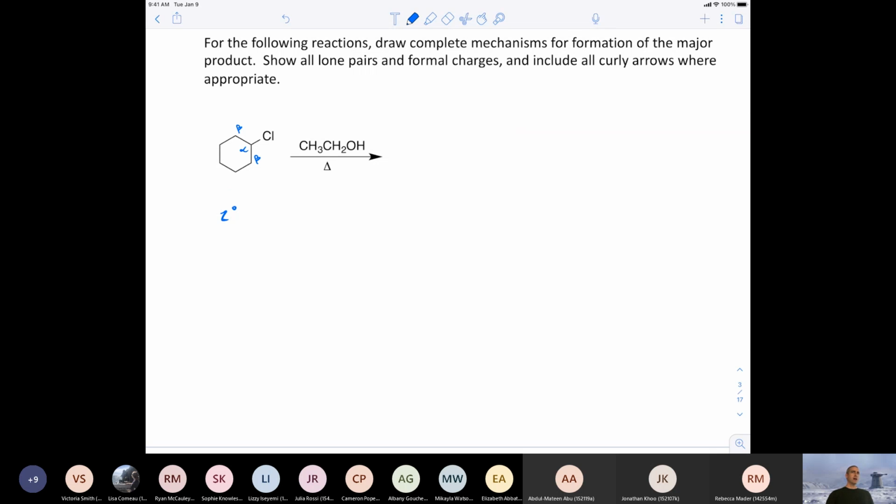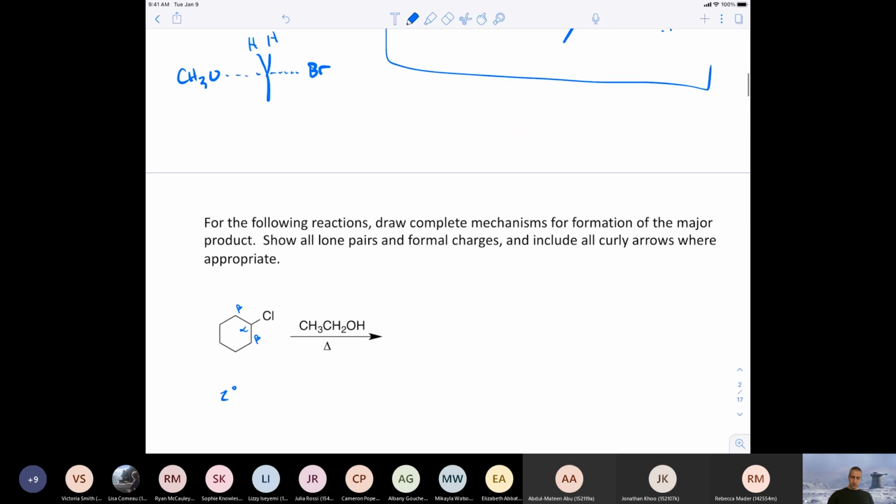Not a bulky alkoxide. There's nothing that's negatively charged here, nothing that's a sodium or potassium salt. So we have no bulky or small alkoxide. We have no strong nucleophile, no negatively charged nucleophile. So we're left with nothing but a protic solvent. That's ethanol, got an OH, protic solvent.